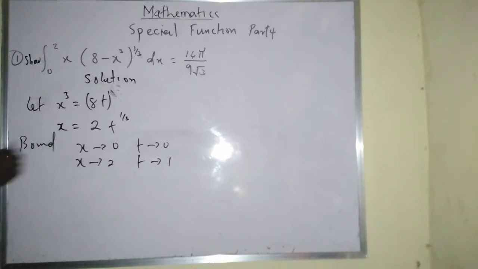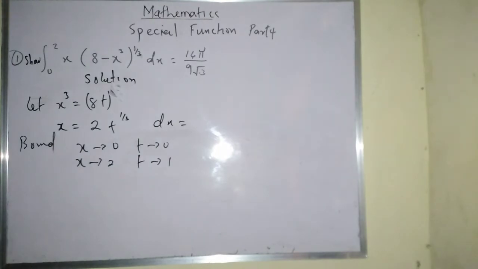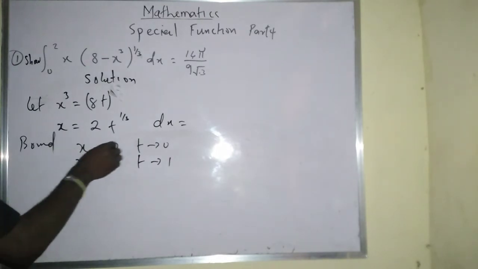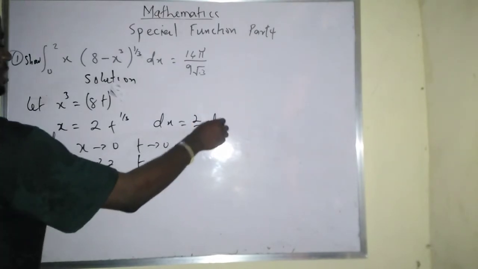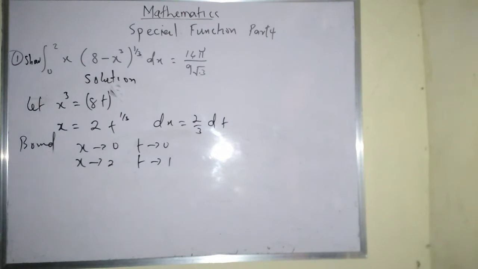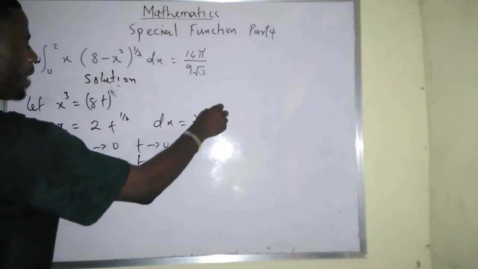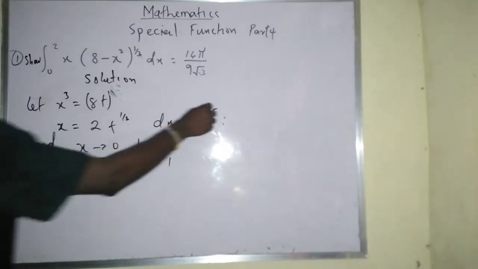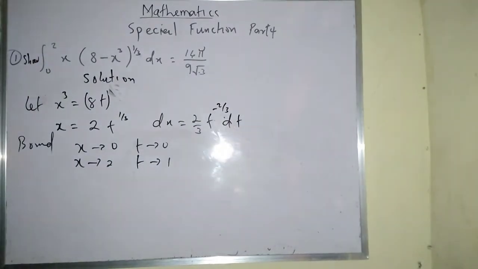At this point, dx will be equal to 2/3 t raised to power minus 2/3 dt. That is all about that.